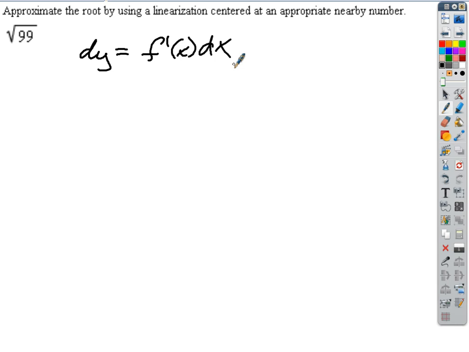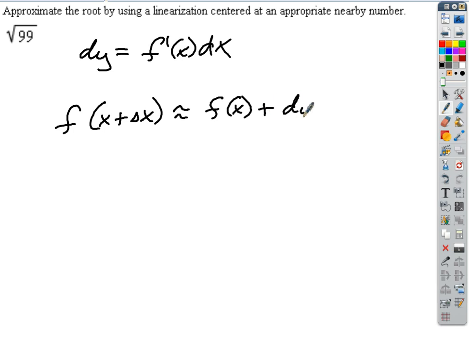And so what we want to say is that f of x plus delta x is approximately equal to f of x plus dy.